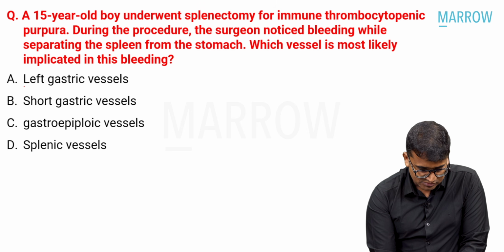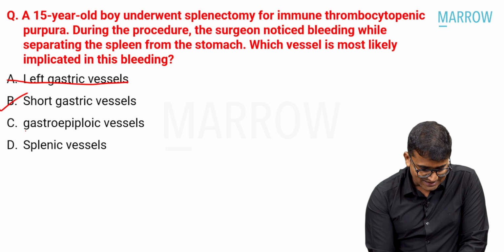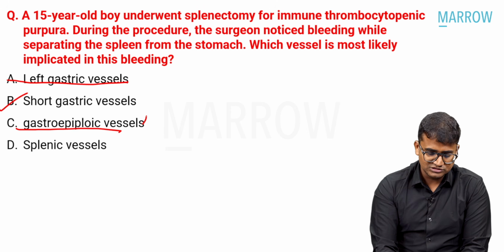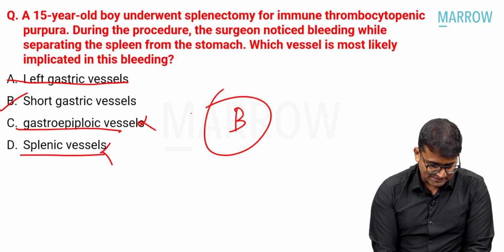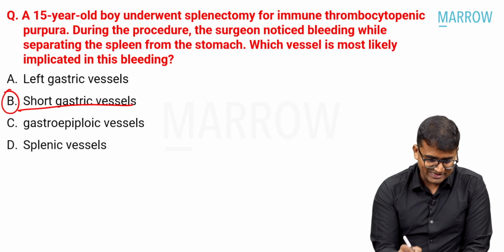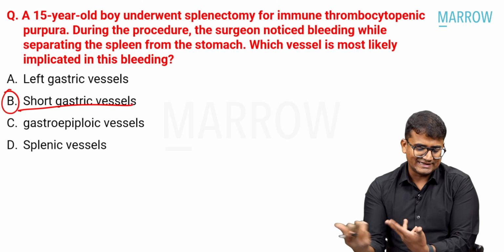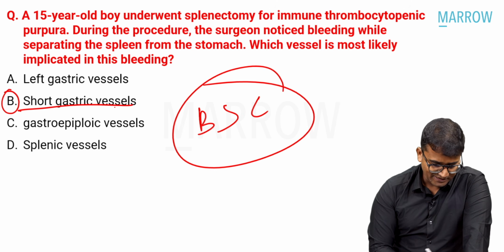Now, left gastric vessel is wrong, short gastric is correct. Gastroepiploic is right, but they did not give exact right or left, so this is not a correct answer. Splenic vessels, no. So, B is the answer for this question.